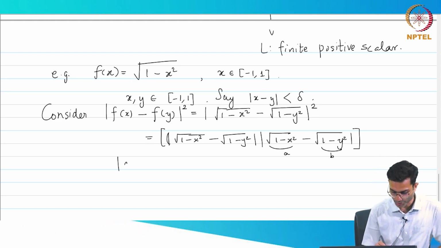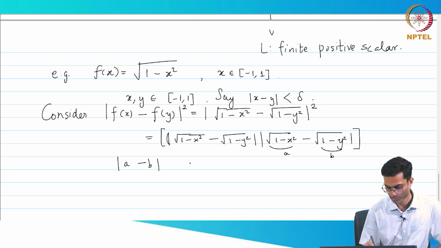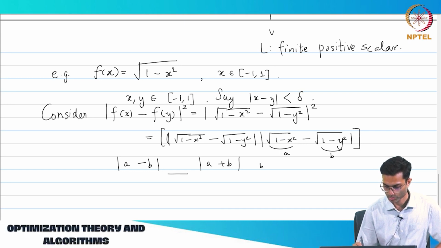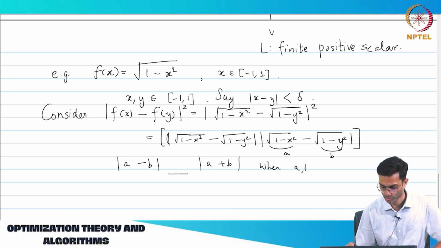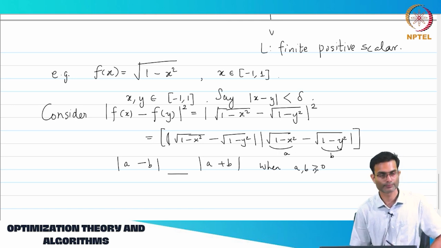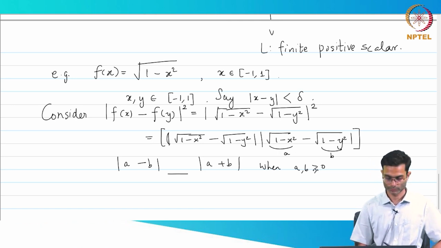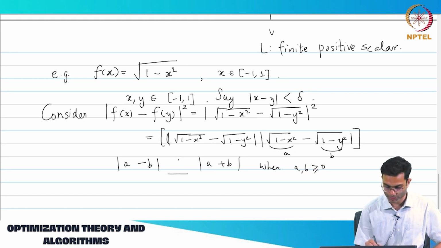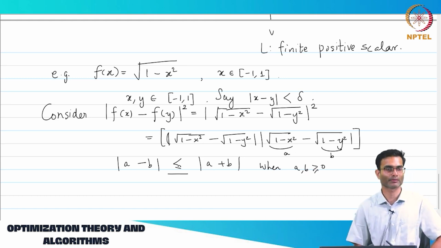Okay, what do you think about this? Fill in the blank. Less than or equal to, right? The difference of 2 positive numbers is going to be less than the sum, right? So, I can put this over here.